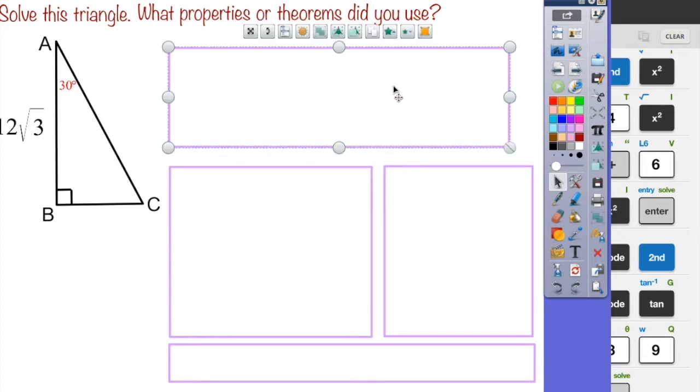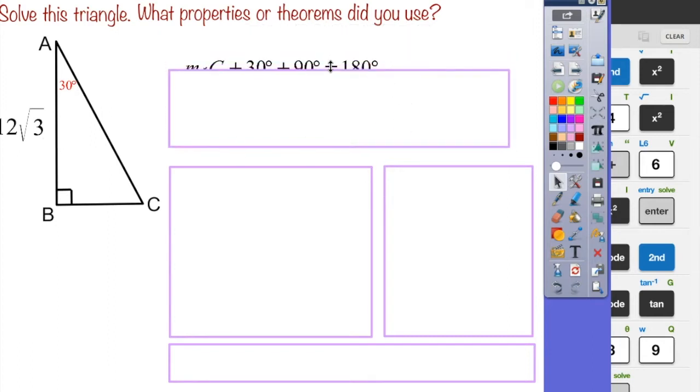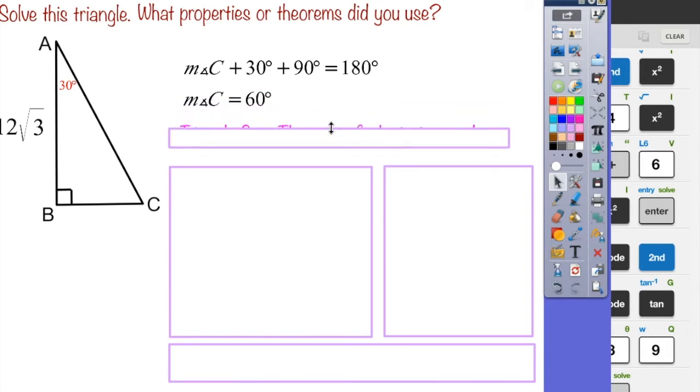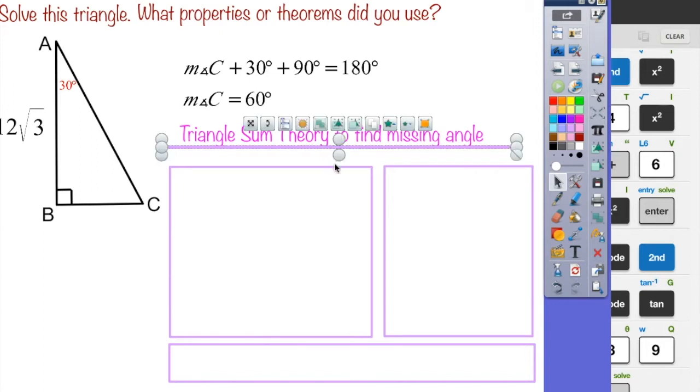Okay, so let's start out by solving for the missing angle. So the measurement of angle C plus 30 degrees plus 90 degrees is equal to 180 degrees. So angle C is 60 degrees by the triangle sum theorem that we use to find a missing angle.